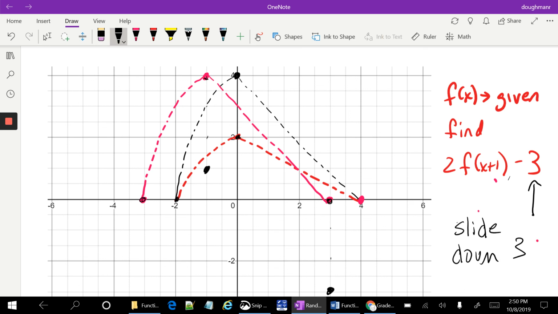And then my point negative 3, 0, slide it down 3 units. 1, 2, 3. There it is. And I know that the general shape is that. And this is kind of linear. So that's my answer, just moving it graphically.